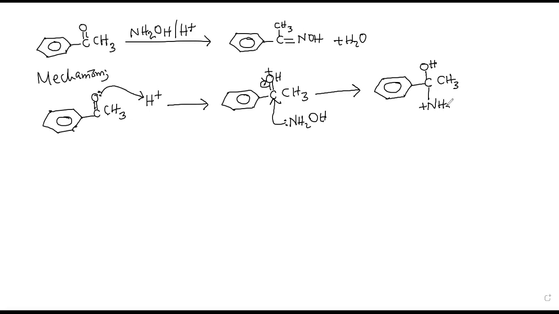Signs mean a lot. The moment you forget a sign here, the whole mechanism gets wrong. So OH. So at this point we shall have hydrogen shift. And hydrogen will shift from this to OH, meaning that here at O, we shall have a positive because electrons will have shifted there.